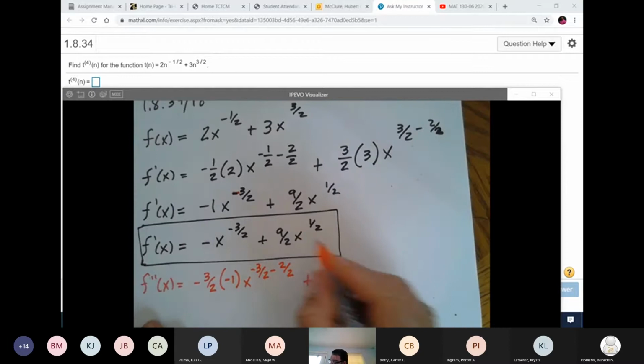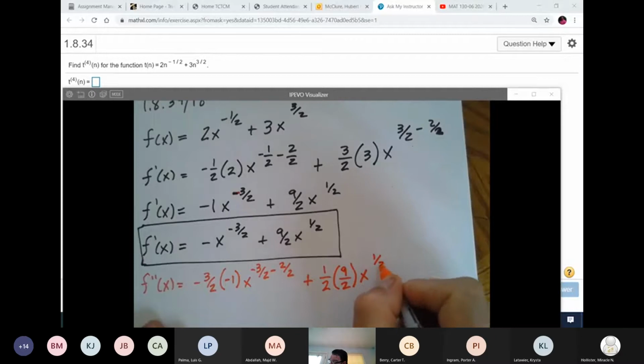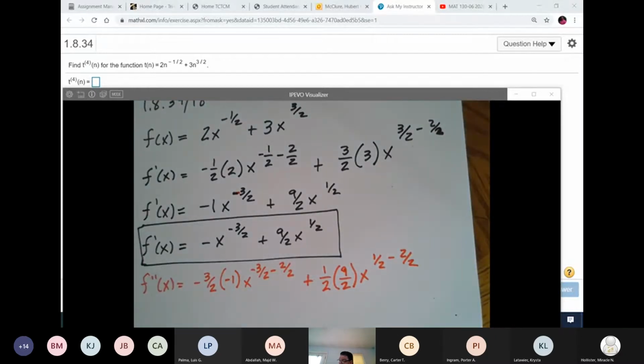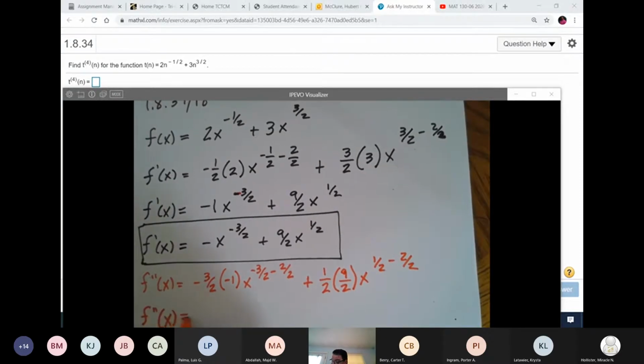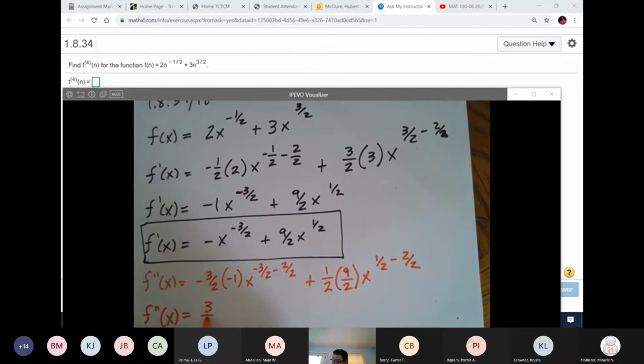All right. 1/2 times 9/2 x to the 1/2 minus 2/2. As Mr. Palmer said, that's going to be 3/2 x to the -5/2 plus 9/4 x to the what? -1/2.